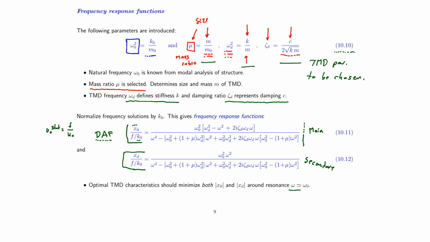And of course, we want to do that at resonance. That means for response frequency, loading frequency, steady state frequency, omega very close to the natural frequency of that particular mode, omega 0.